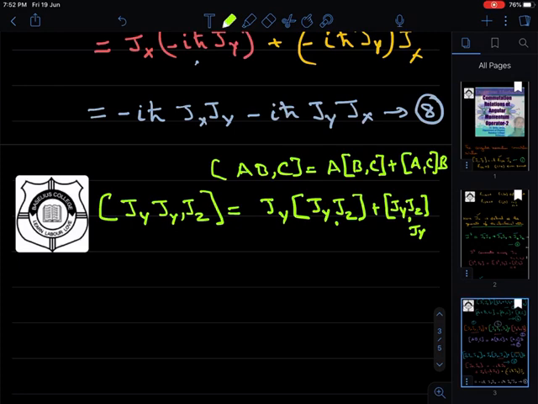And what is the commutation [jy, jz]? Remember, it is equal to yz, so it is an even permutation. So epsilon ijk will be plus 1. So you have iħ, yz, so it will be the next one, that is the jx component. So it will be jx.